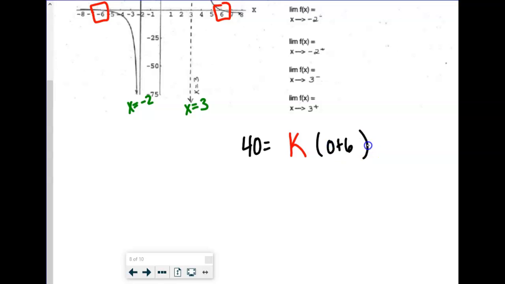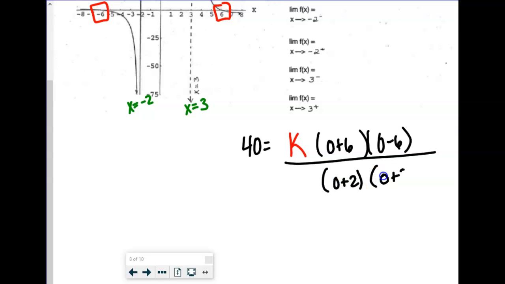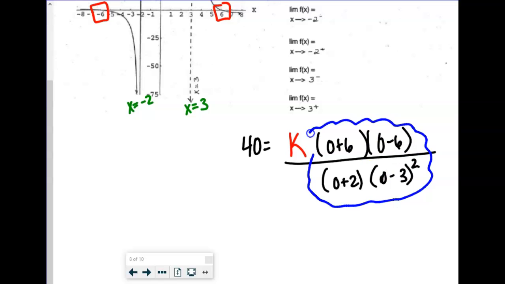So 0 plus 6 times 0 minus 6, all over 0 plus 2 and 0 minus 3 quantity squared. Thank you. So could you please figure out what this coefficient of k is? Negative 36 over 18. So is that negative 2?